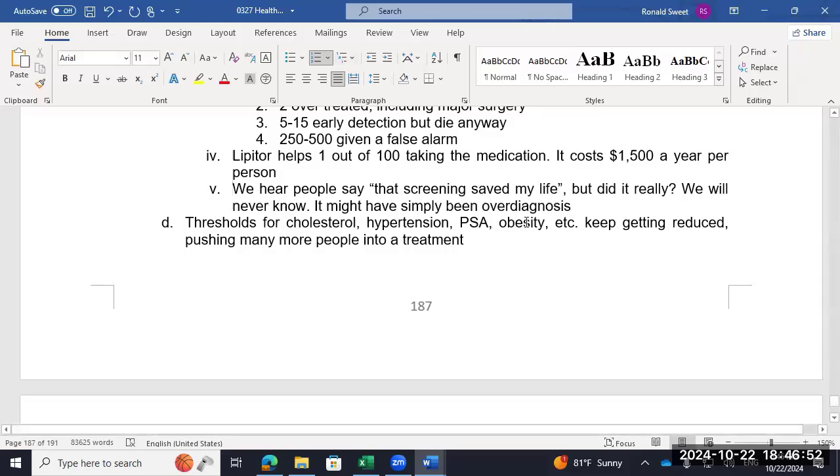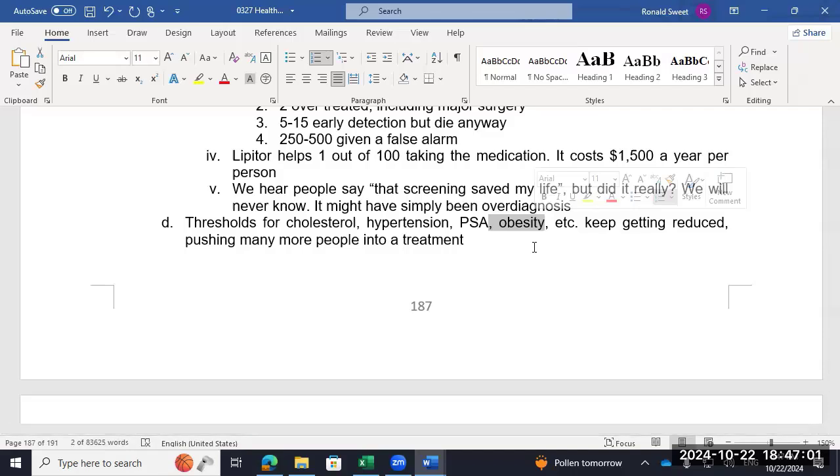Even the definition of being overweight keeps coming down. I saw one article saying 100% of Americans will be obese by 2030 or something. Why? Because that government agency gets a lot more tax dollars if they say that. They have an incentive to exaggerate the problem, so they keep changing the numbers.